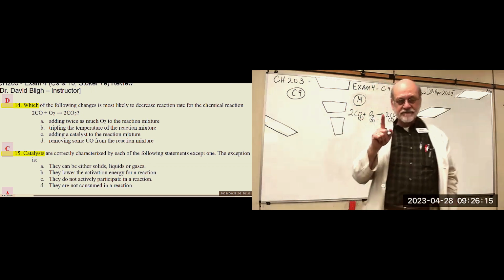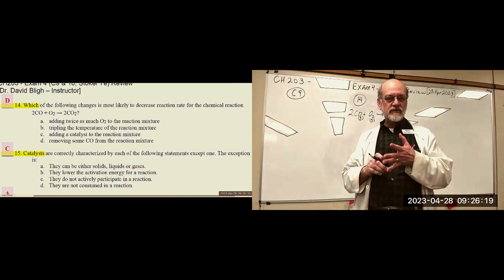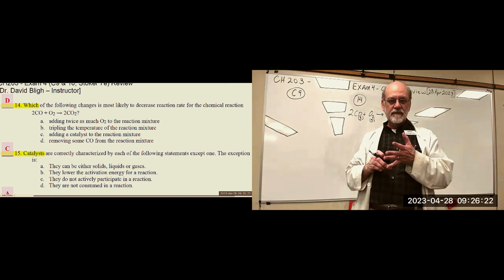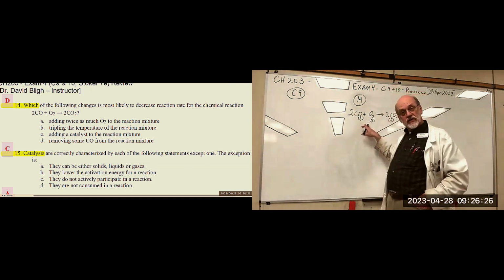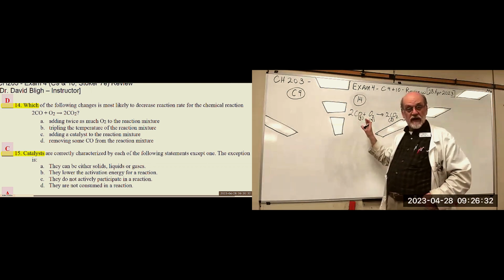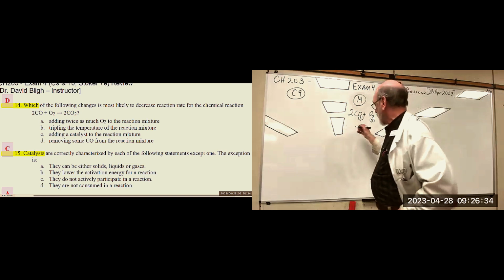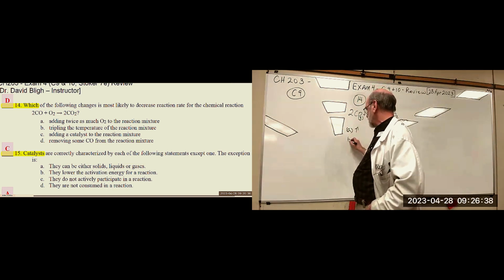That's the key. So how about A? Adding twice as much oxygen to the reaction mixture. What would that do? If you add twice as much oxygen, you're going to increase the rate because you've got more reactants there to combine with the carbon monoxide. That increases. So A is an increase in rate.